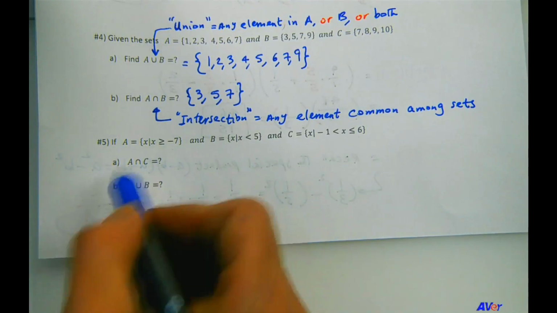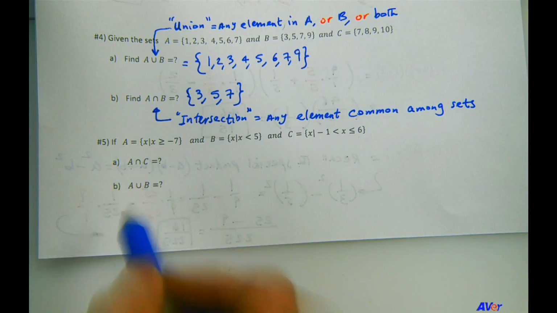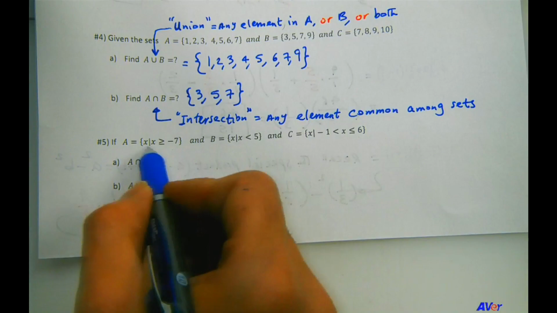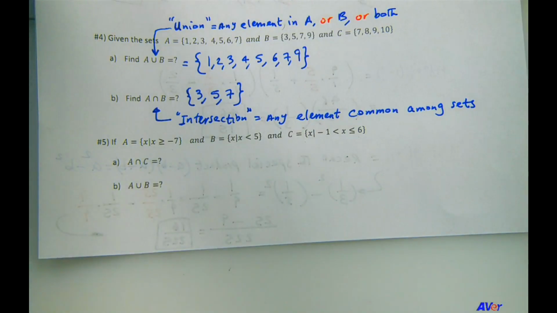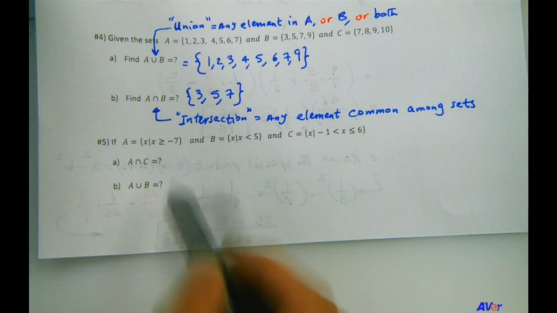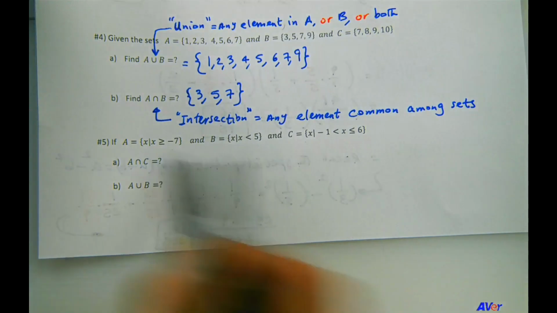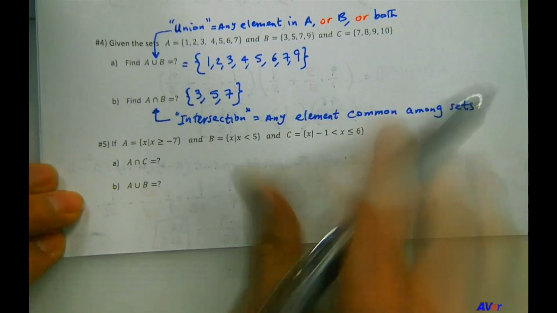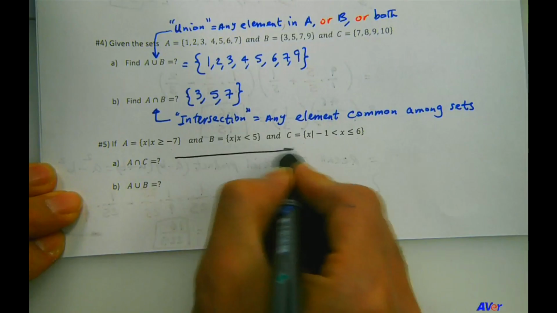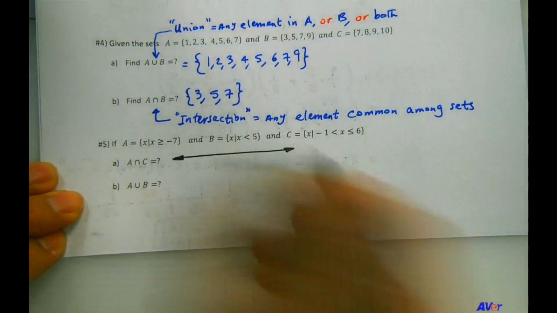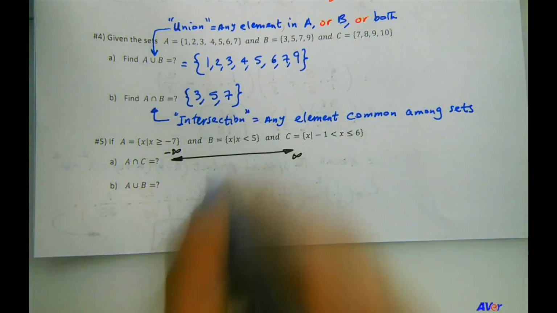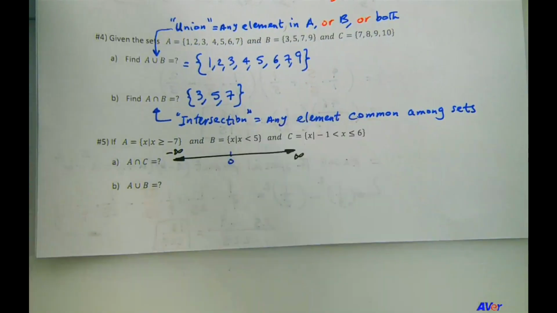Okay, so A intersection C is asking us to find anything that is common to both A and C. A good way of finding that, you can either find it symbolically, or you can draw a graph and see where it leads. So I'm just going to do that. Suppose you have this real number line, and here we have 0.